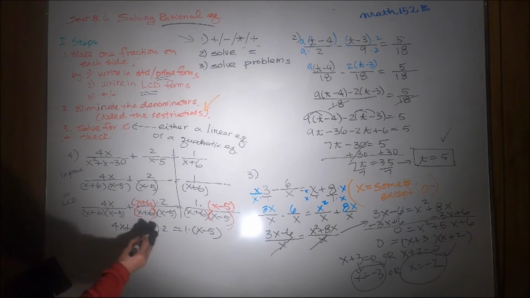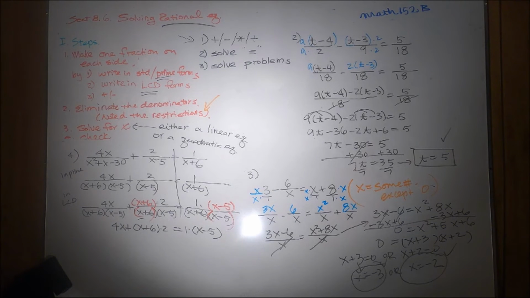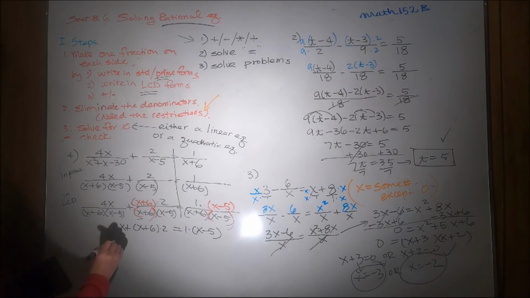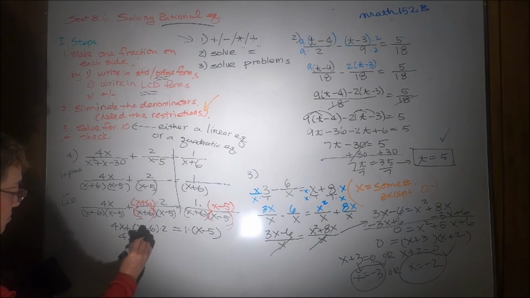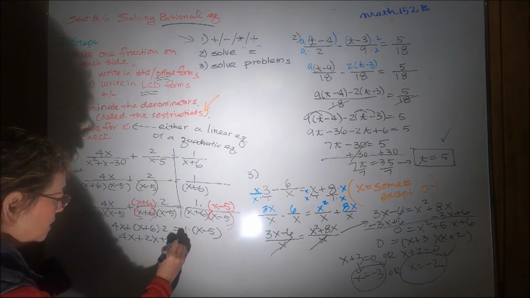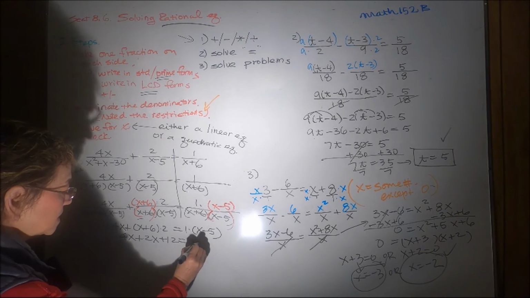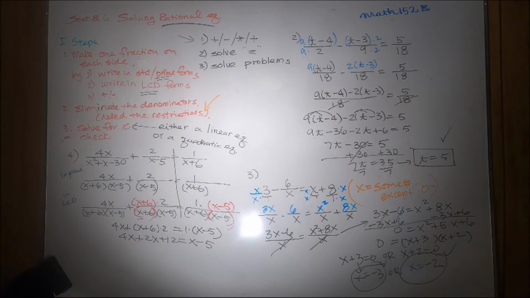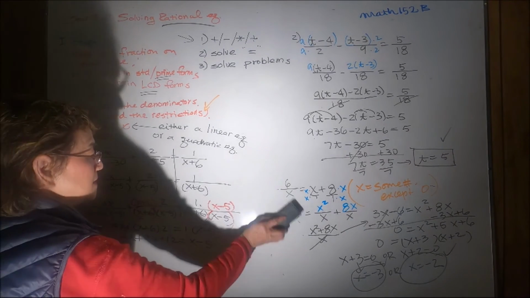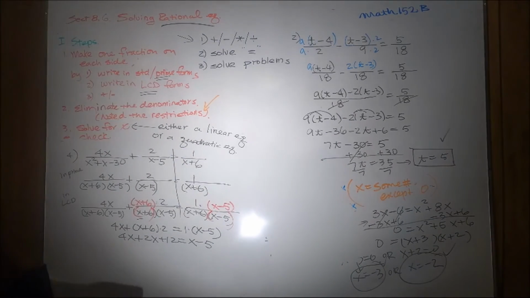So we combine the like terms and to solve it, so that would be 4x plus 2x plus 12 equals x minus 5, right? Now take a look. When we try to resolve the problems, then we realize there are some restrictions, right?